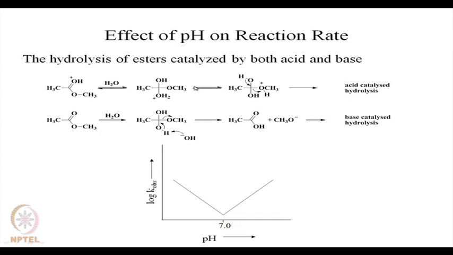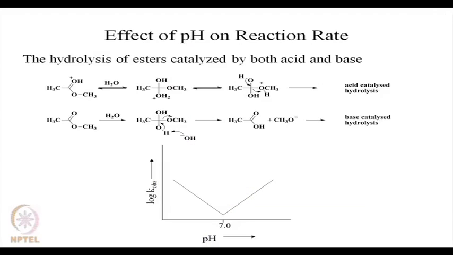Now, we will concentrate on the effect of pH on reaction rate, since it is a proton catalyzed reaction, or maybe OH minus catalyzed reaction. Okay. So, let us look into hydrolysis of ester catalyzed by both acids and bases.